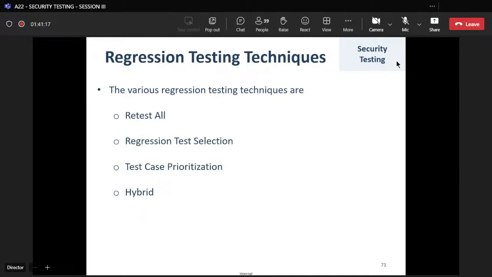Based on priority, the top priority tests will be tested, and the low priority tests may be performed at a later stage or may be omitted in this particular testing stage. Then the last one, the hybrid. One or more parameters will be analyzed or chosen by the organization to perform the testing.